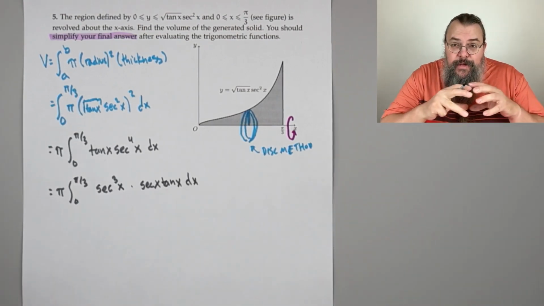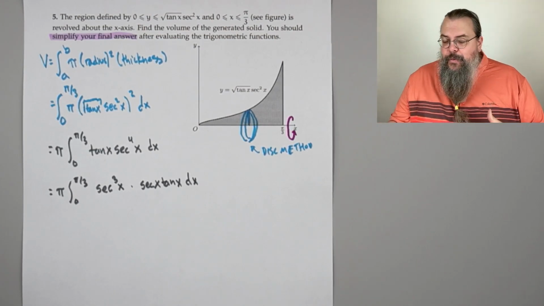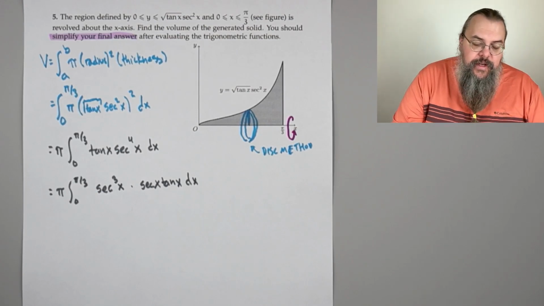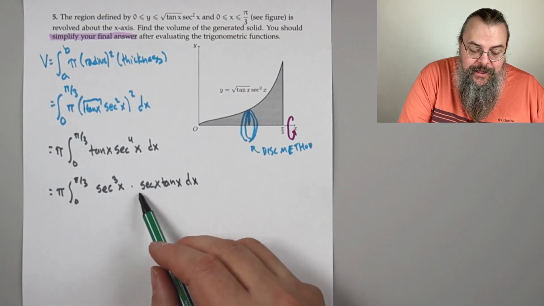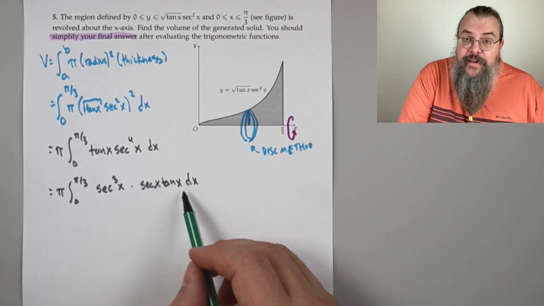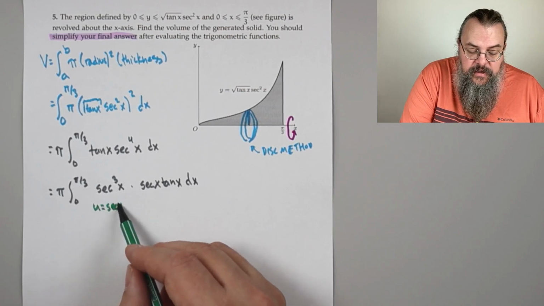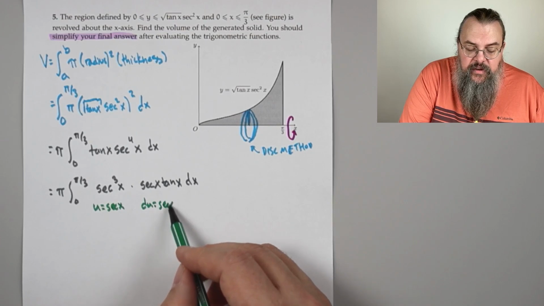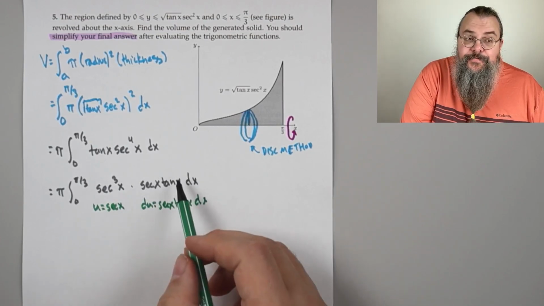And by pulling that secant x tangent x to the back, we've set ourselves up for a good substitution. The derivative of secant is secant tangent. So we let u equal secant. Then the derivative of secant is secant tangent, so we have a du.